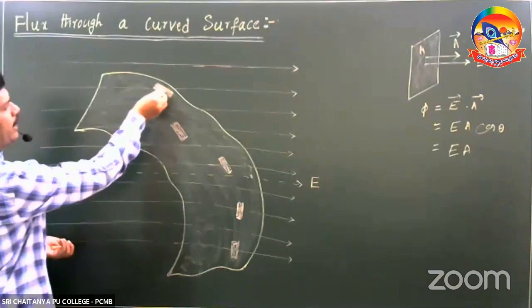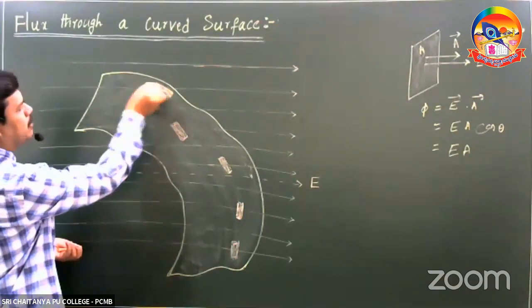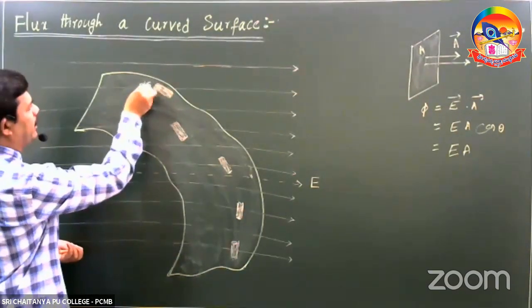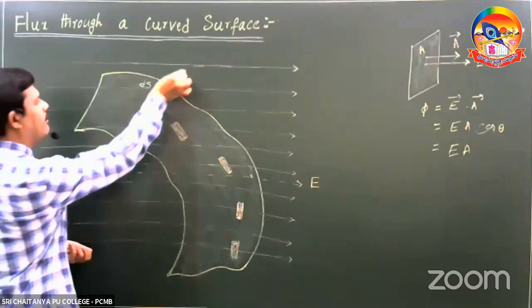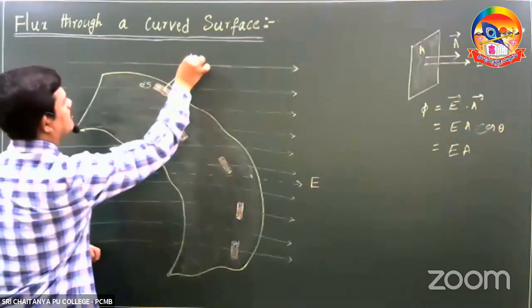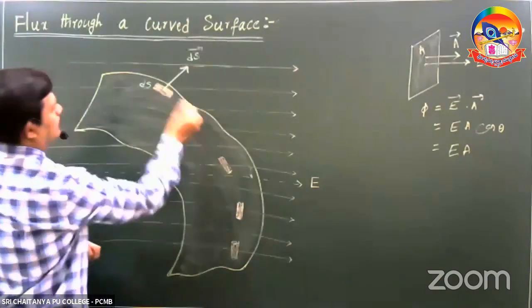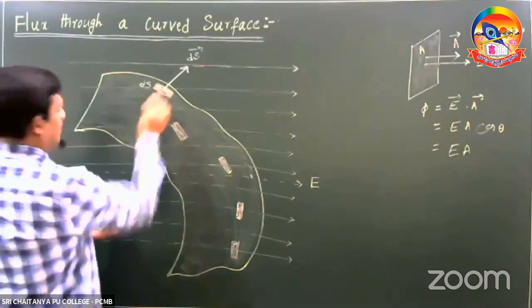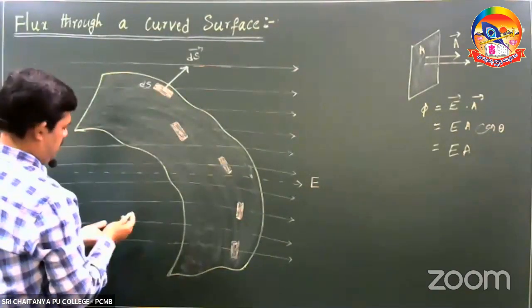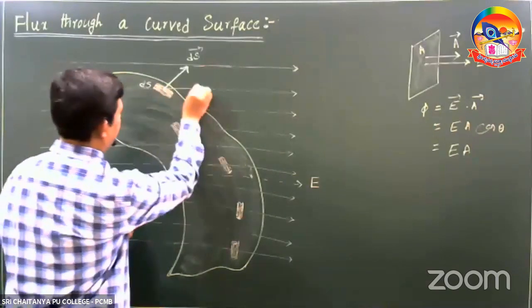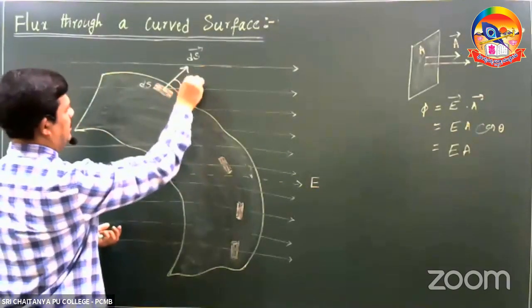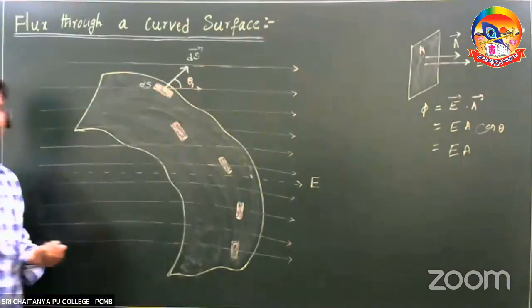If I draw an area vector for the small elemental area ds, the area vector is like this. This is the field vector. And this is, let us say, theta 1.